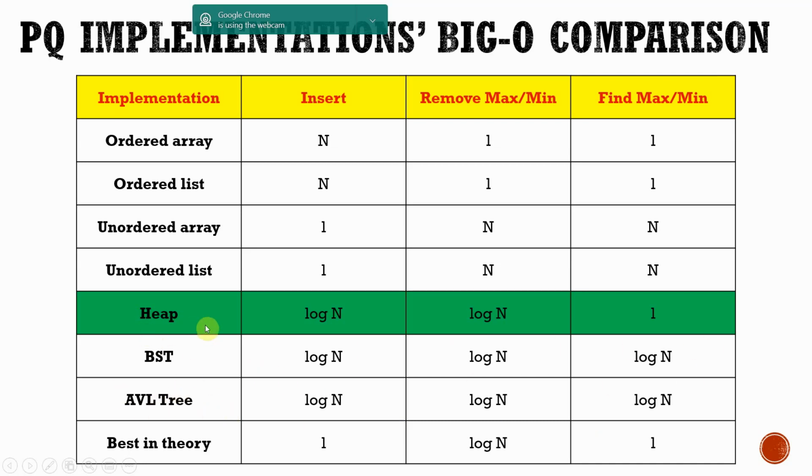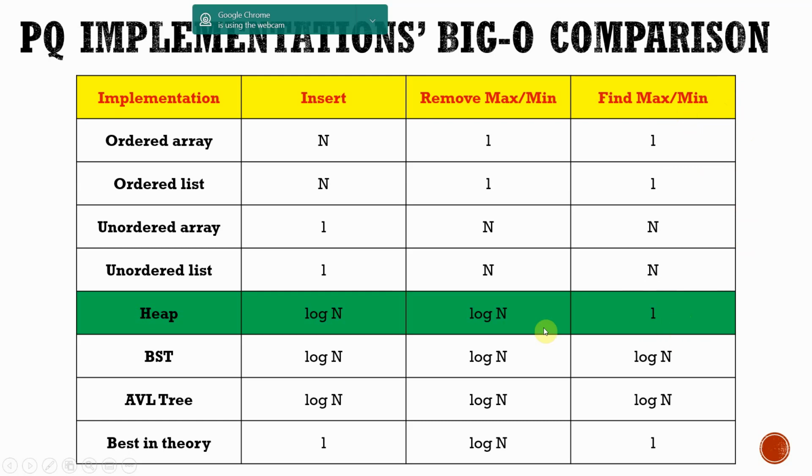Now for the heap, insertion and removal, as we saw in the previous videos, are big O of log n, because it depends on the height of the heap. Finding the maximum or minimum doesn't change the priority queue or the heap. We're just returning the entry at the root of the heap, so this is big O of 1.